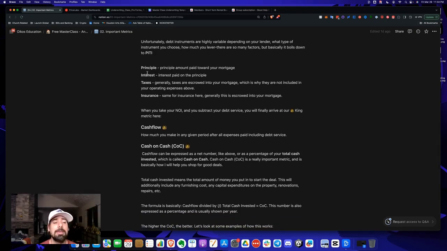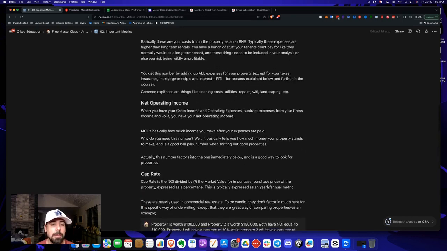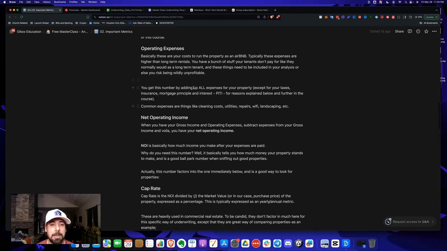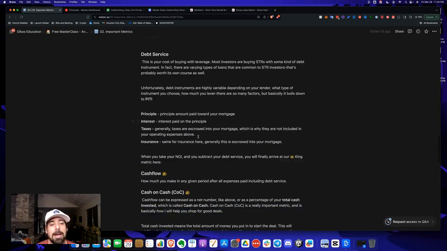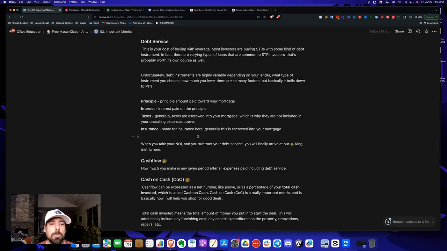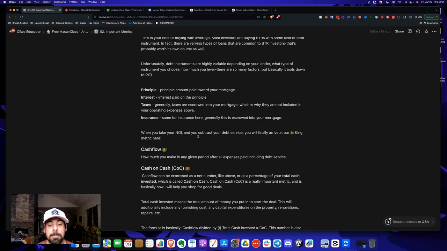But there's a few common things, and if you've done real estate at all, you'll know these: principal, interest, taxes, and insurance. Generally, all these are bundled up and escrowed with your lender, so we don't include them above in our operating expenses because they're escrowed into your mortgage account. That's why we don't include them.